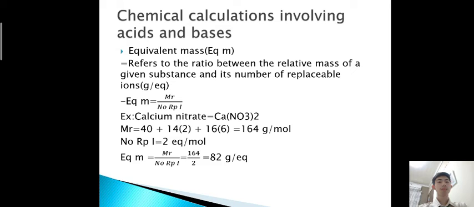Then, the number of replaceable ions is 2 equivalent per mole because Ca has 1 atom and NO3 has 2 atoms. So 2 times 1 is equal to 2. Equivalent mass is equal to molar mass divided by number of replaceable ions. It's equal to 164 divided by 2, which is equal to 82 gram per equivalent.